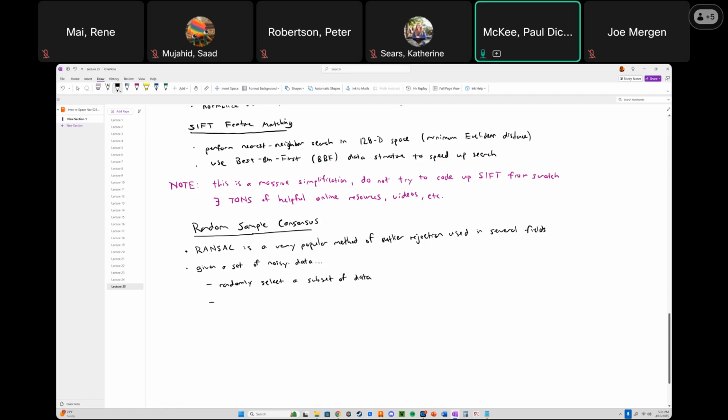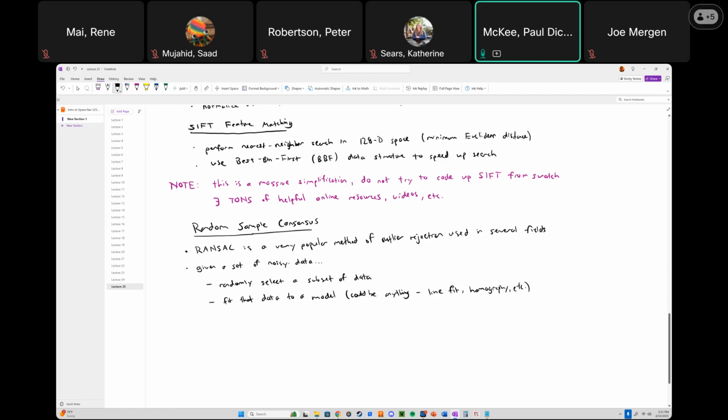Fit that data to a model. And that model could be anything. Maybe you're trying to compute a line fit. Maybe you're trying to compute a homography. It could be anything you like.